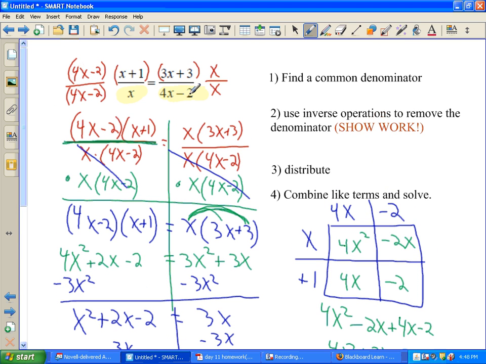The right-hand side might take a little more work. 4x minus 2 equals 0. That's when it's undefined. We add 2 to both sides, and we say 4x equals 2. Divide both sides by 4. X is 1/2. That's undefined.